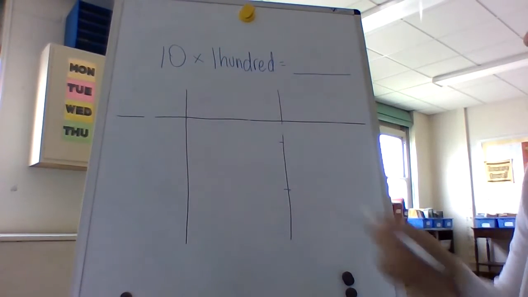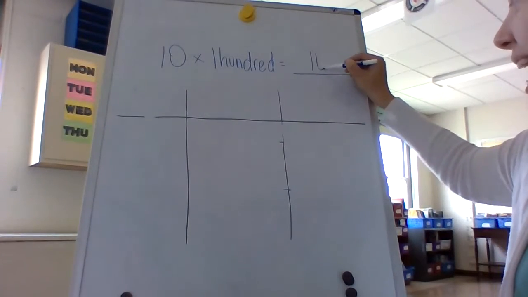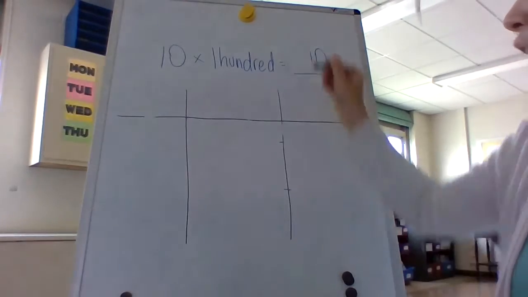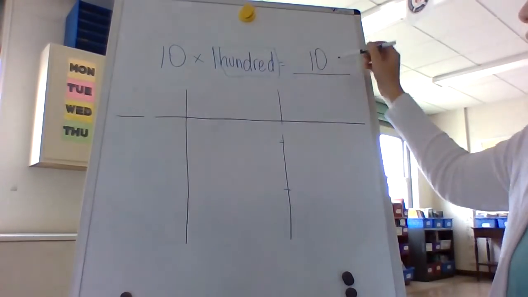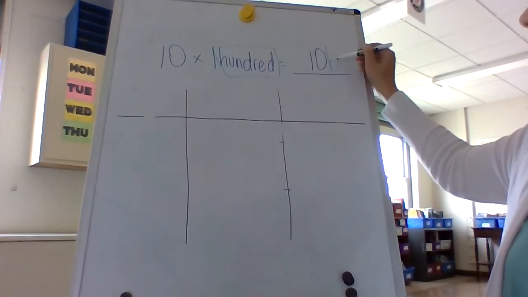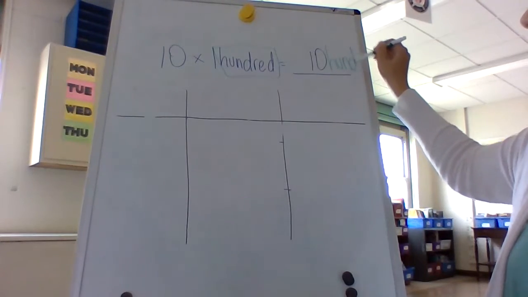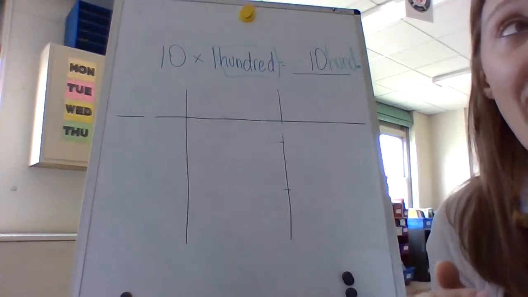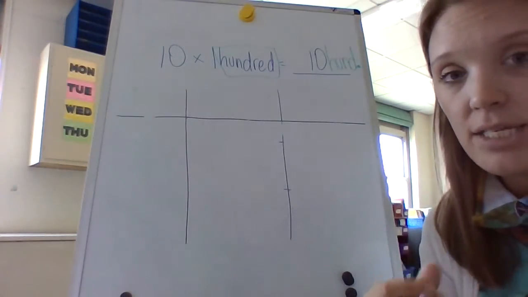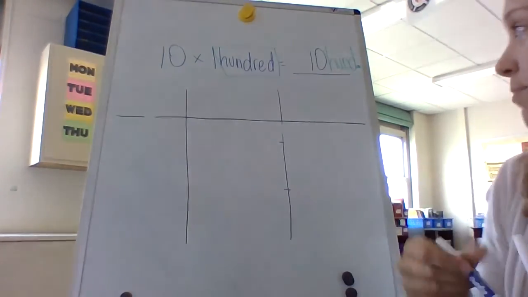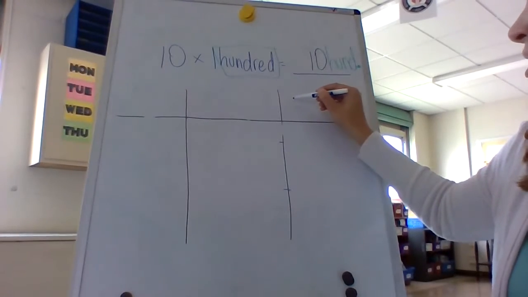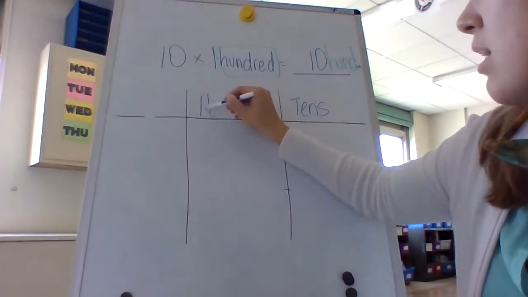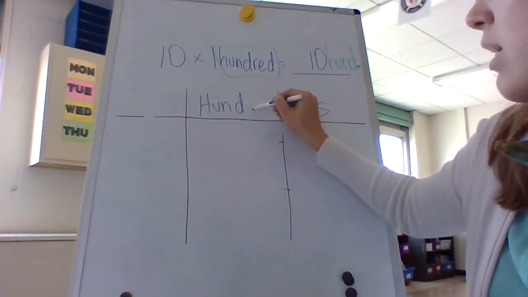So just think, what is 10 times 1? 10 times 1 is 10. And then you can carry over that unit word, 100. I'm out of room, so I'm just going to abbreviate. So now I need to draw 10 place value discs in my hundreds place. So let's say this is the tens place. What's the next biggest? The hundreds place. I'm going to abbreviate again.